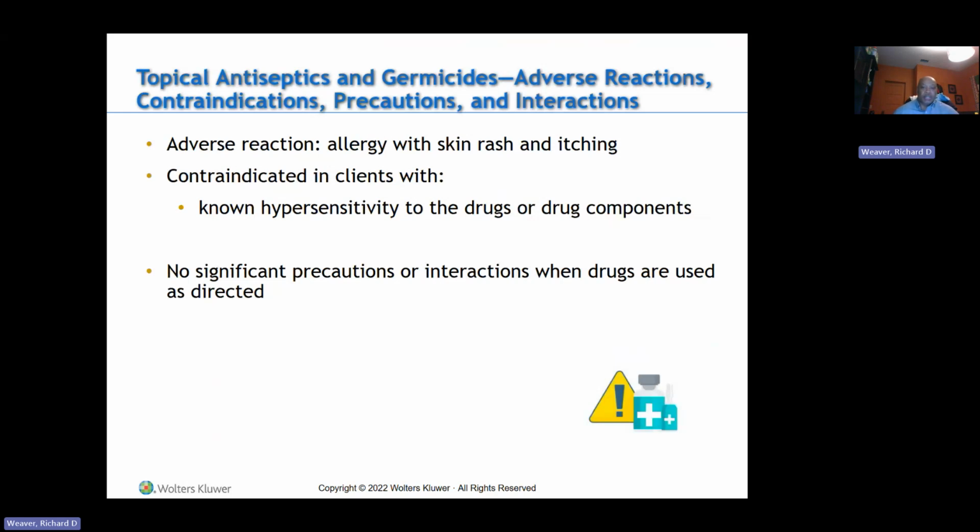If an allergic reaction does occur, then the drug should be discontinued. This is something you want to stop and also report to the clinical team. And obviously, anytime someone has a hypersensitivity reaction, we consider that a contraindication to use of that medication.